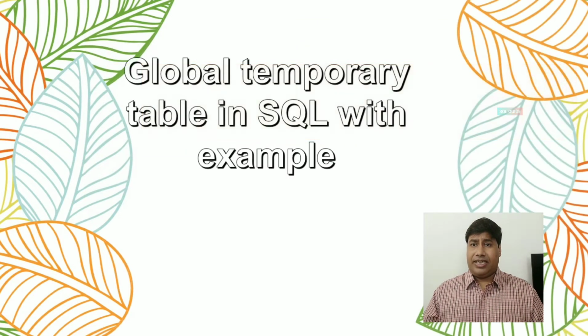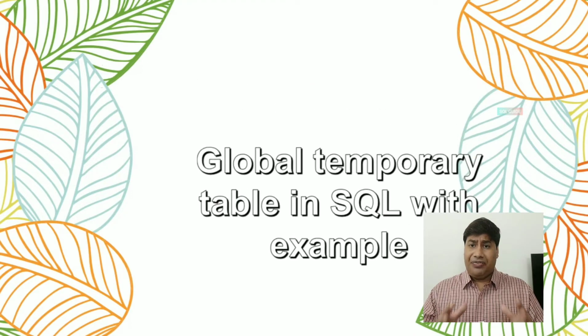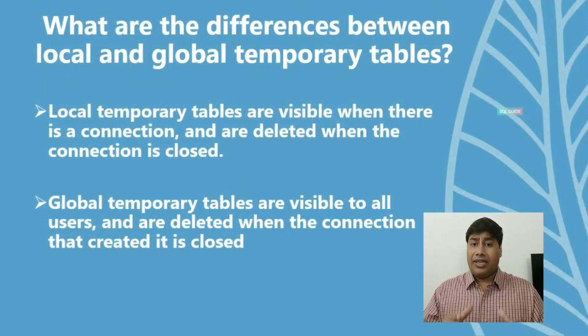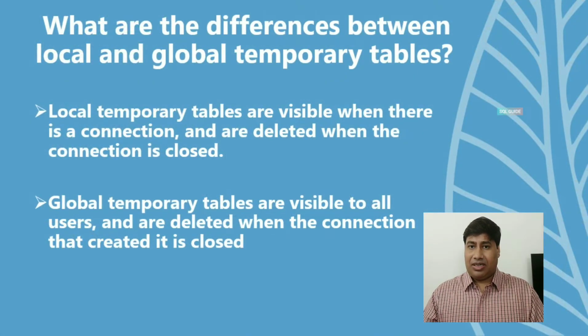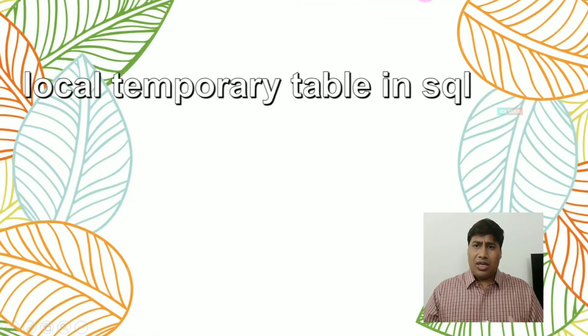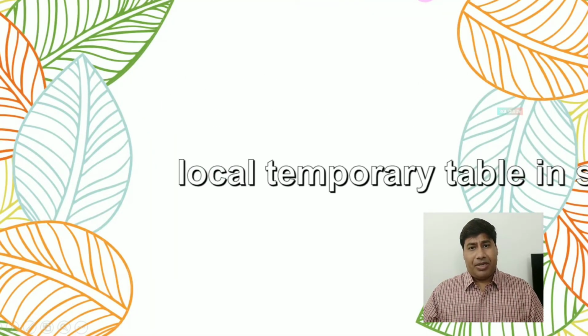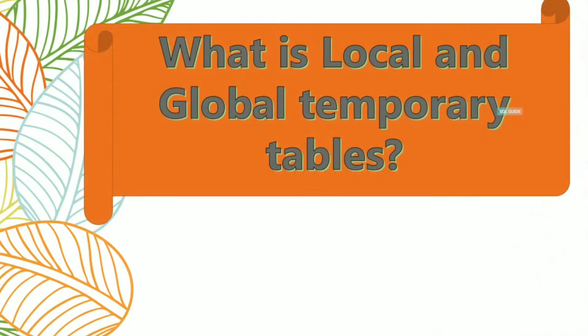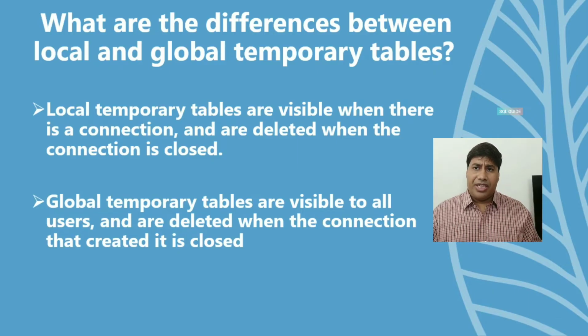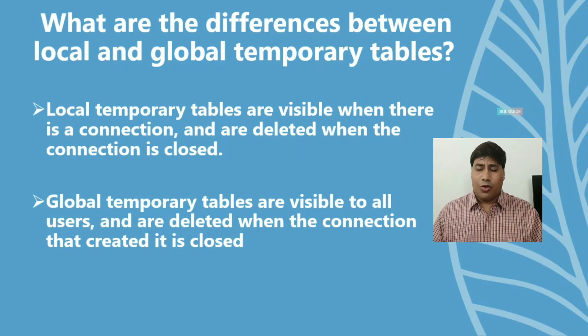In this content, we'll discuss the difference between local and global temporary tables. What are local and global tables? What are the differences between a local and a global temporary table?